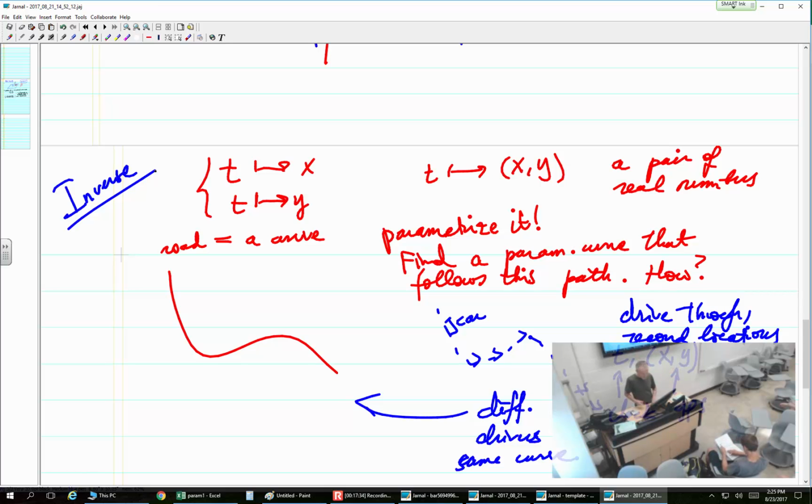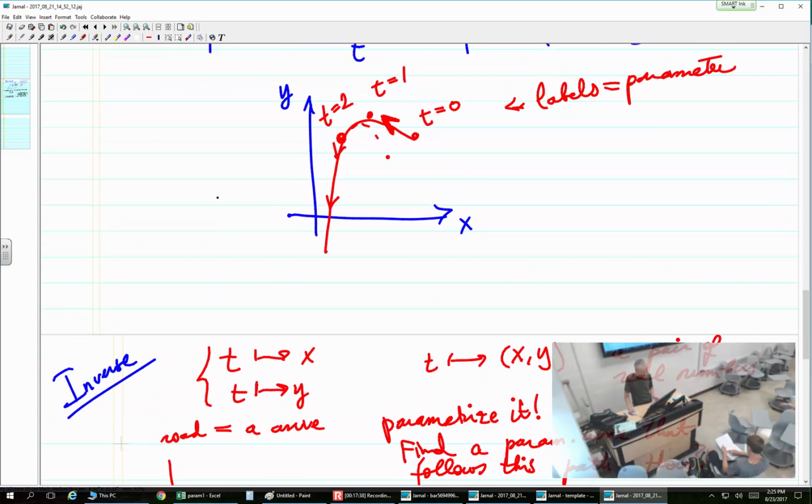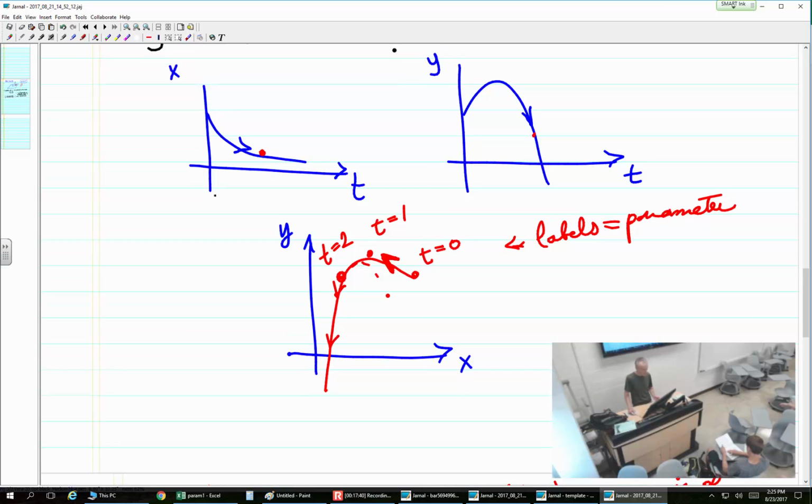Once again, I'm postponing all the calculus issues, but you certainly can think of what if we use the concepts from calculus 1 applied to these two coordinate functions, or component functions, for x and y.